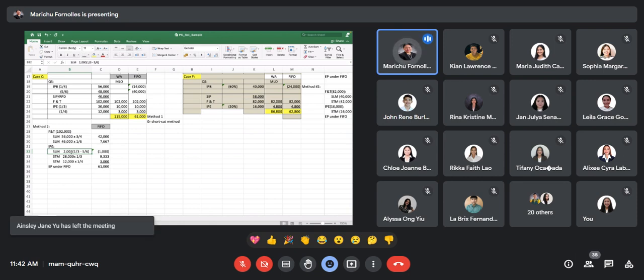Ngano man, kay last month, gi-apply ang 5/6. For this month, kining 2,000 will be taken from started last month.